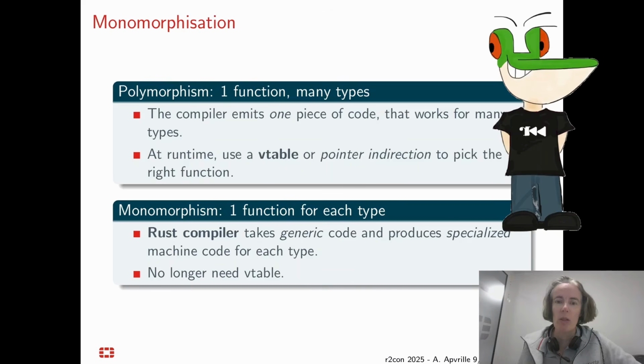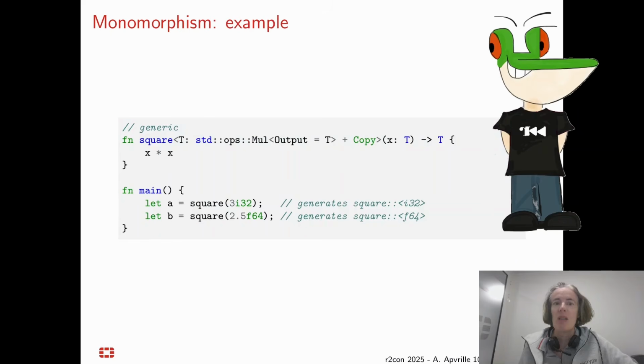This is usually done for optimization reasons. So let's have this example where we have a square function in Rust, which is generic, and it can run over integers and floats. When the Rust compiler sees that, it is going to generate one square function for integers and another square function for floats. So you'll have two.